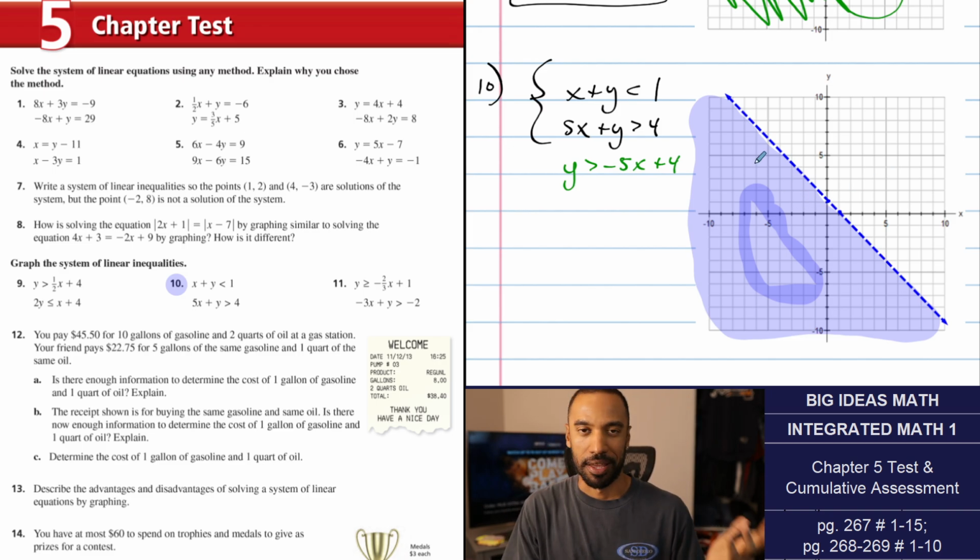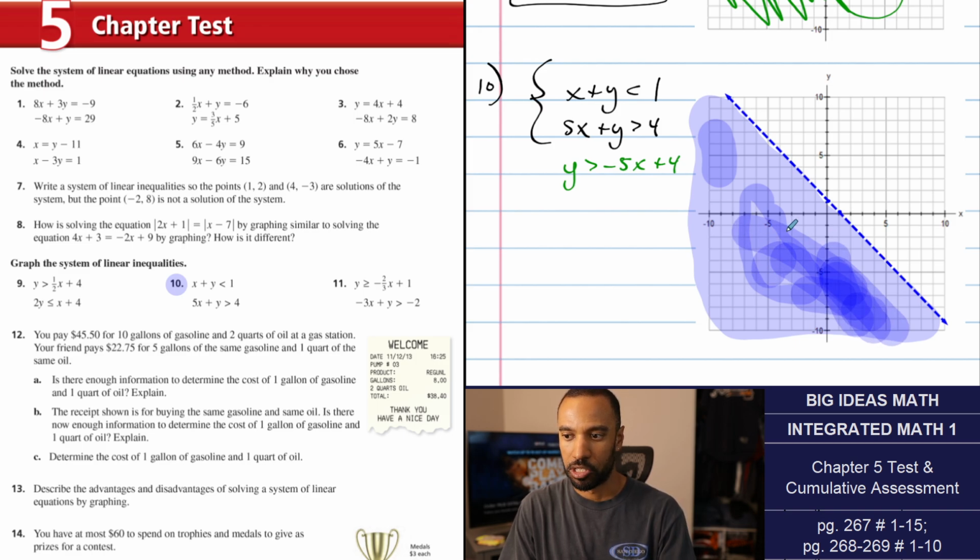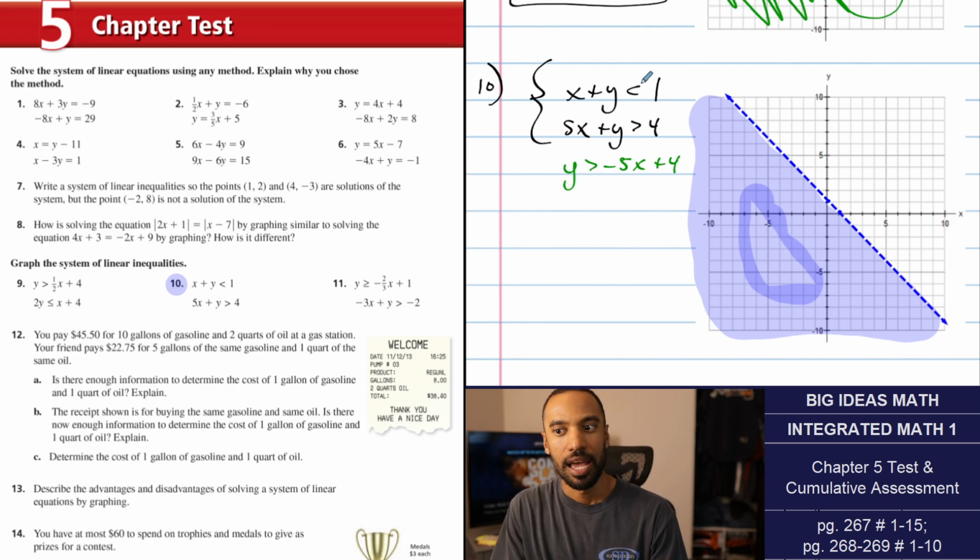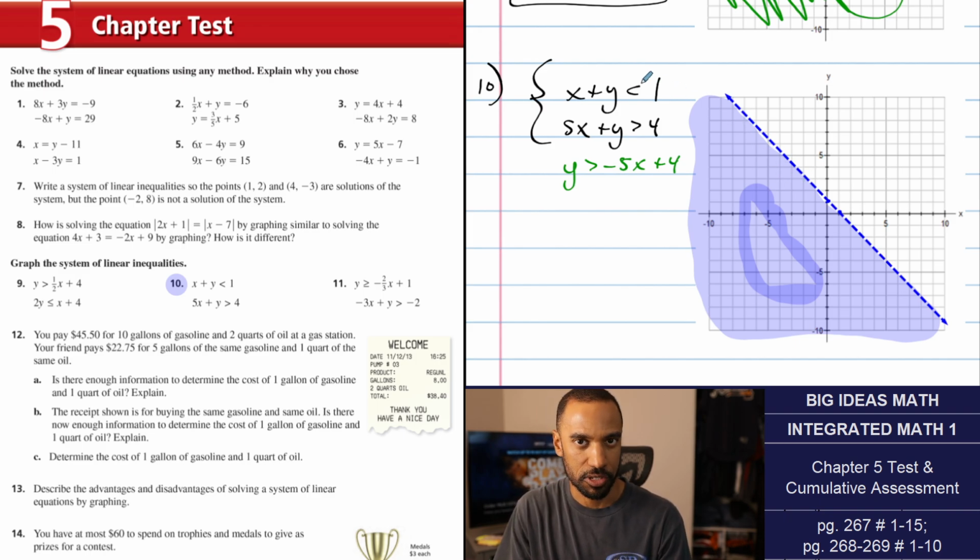Apologize for the weird dark spot that's happening because I lifted up my pen. Anytime I lift up over here, it's always going to overlap and be a little bit darker. So things happen. Okay. I said less than we shade underneath. I shouldn't have stated that. Only when y is by itself can you do the less than, greater than, shade underneath. But given that y is positive, we would. Or given when you test 0, 0, it works.